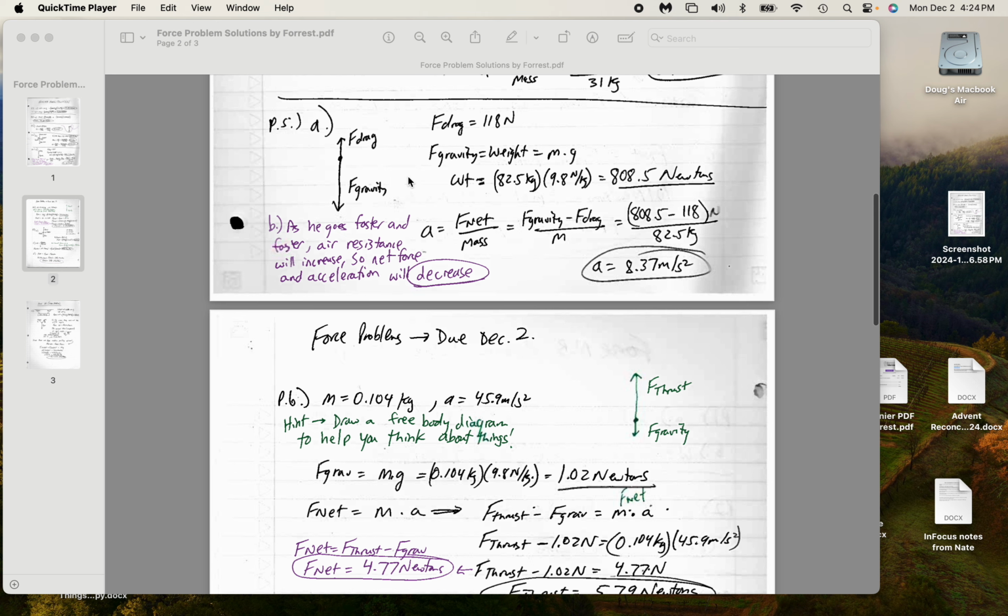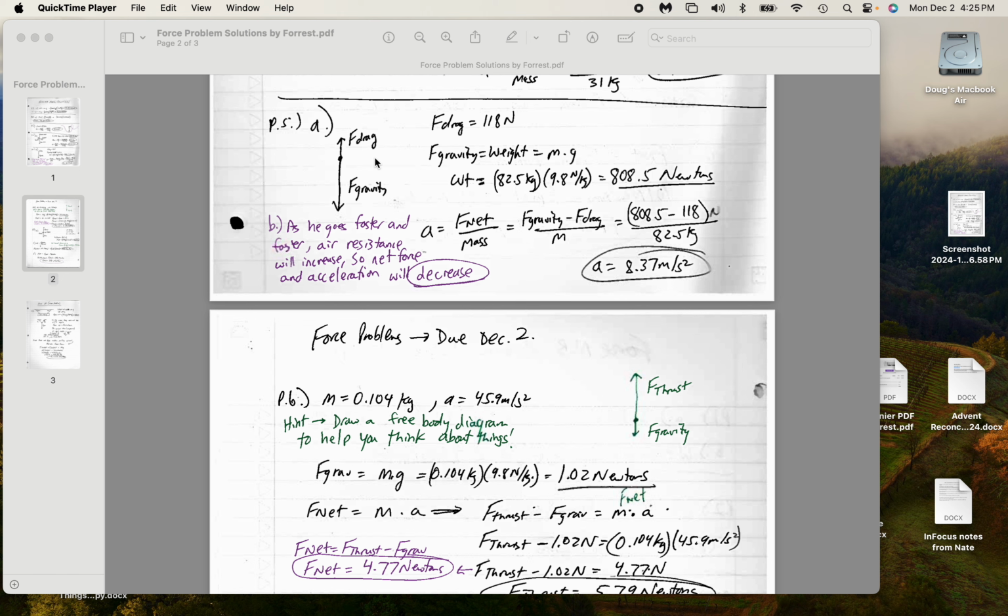For number 5 here, this was a bit sneaky. And so the key thing with this, I think, is to draw a free body diagram, even though it didn't ask you to do that. And essentially, here is someone jumping out of an airplane.